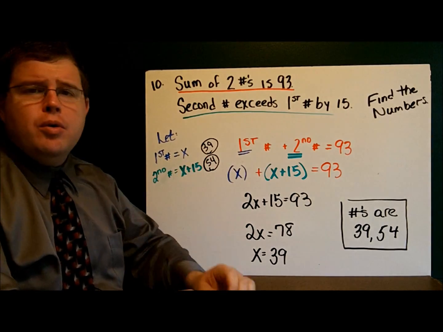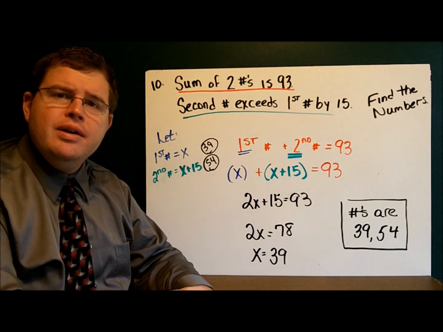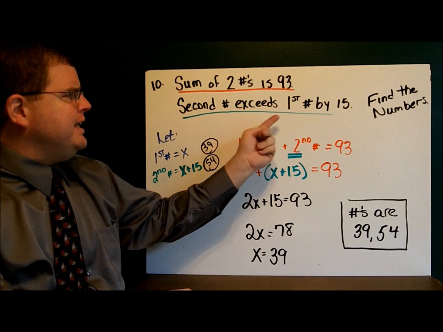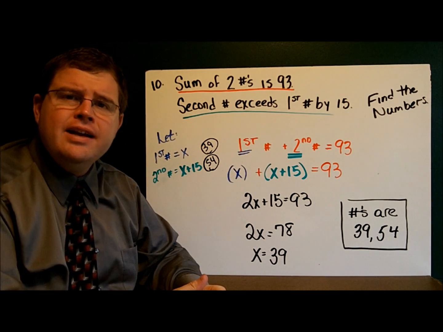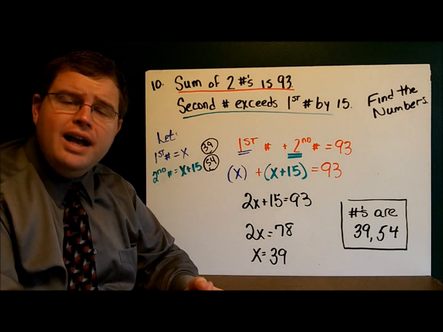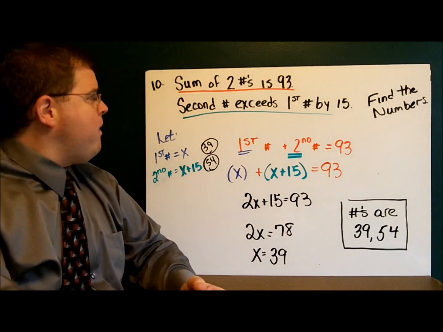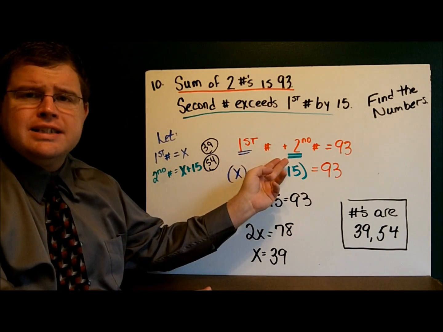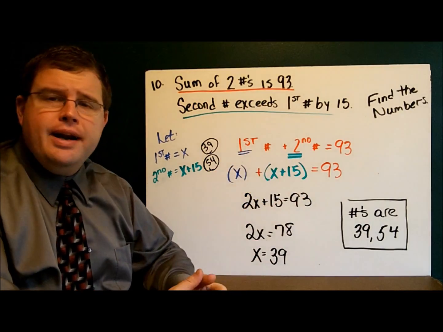The first number we'll call x. The second number is 15 larger, exceeds the first number by 15. And remember, exceeds means addition. So the second number we'll call x plus 15. It says the sum of those 2 numbers, the first number plus the second number, is 93.